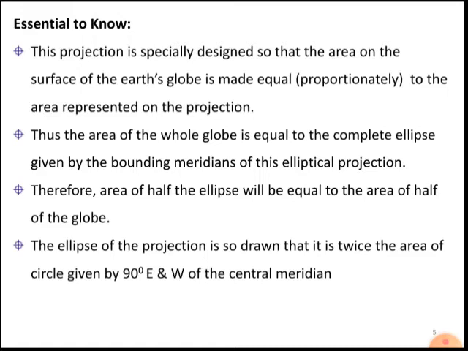Therefore, the area of the half ellipse will be equal to the area of the half globe. The ellipse of the projection is so drawn that it is twice the area of the circle given by 90° east and 90° west of the central meridian.